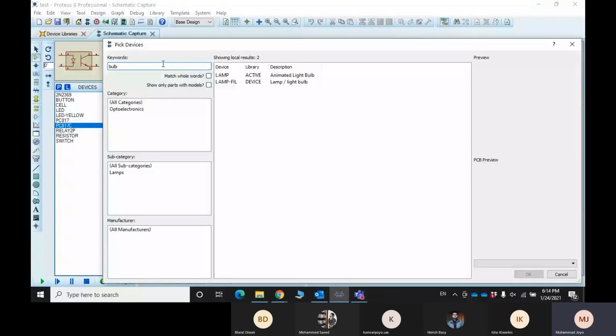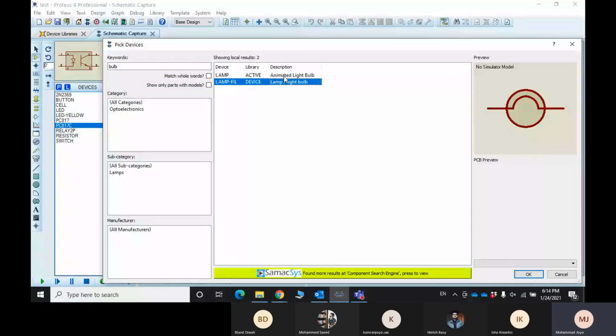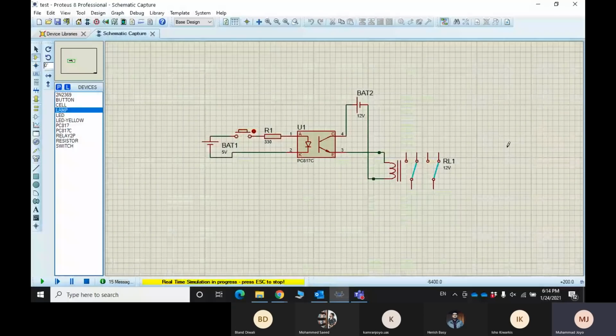A lamp. Okay, we have an animated lamp. Connect the lamp over here, and attach it to normally open here.